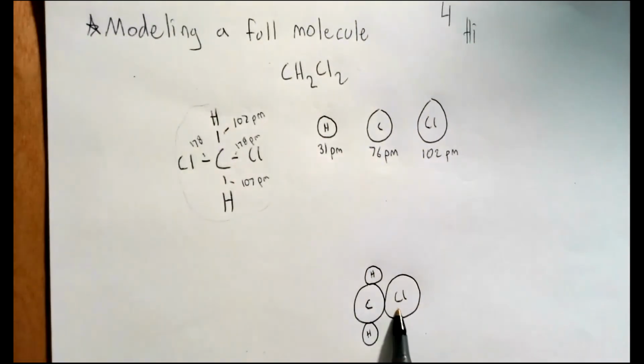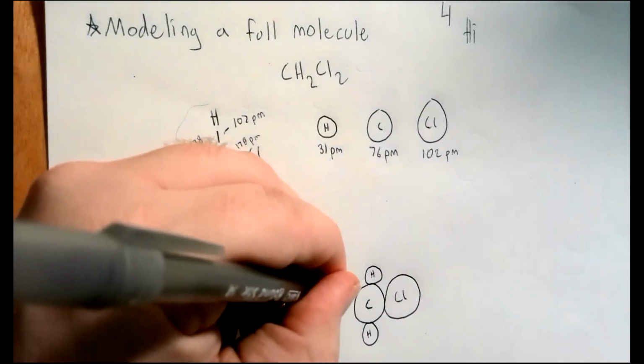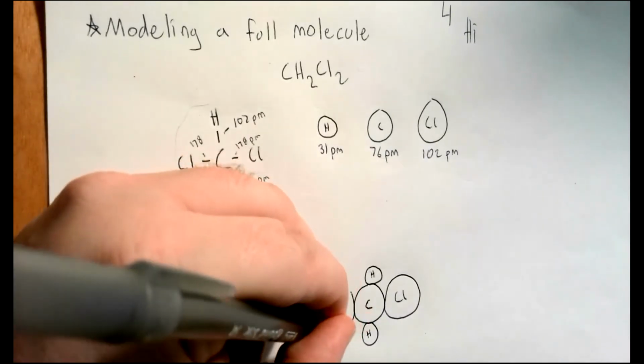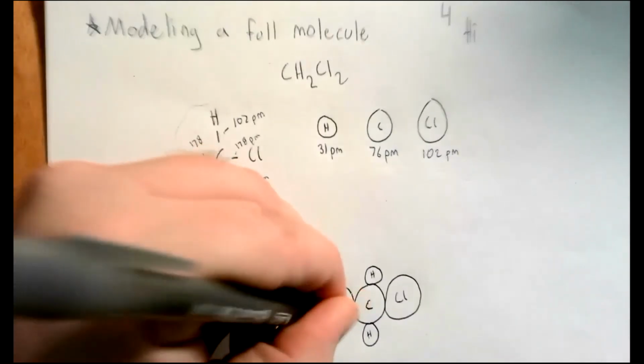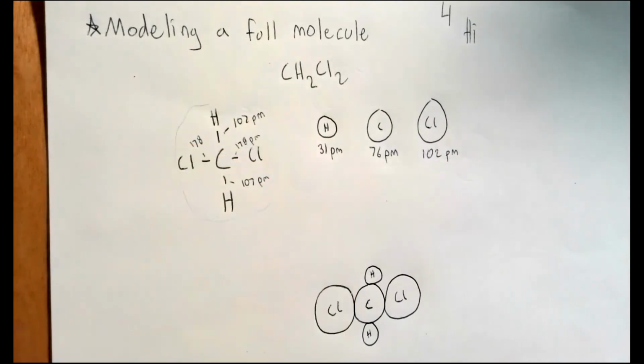And I'll admit, I didn't do a great job of making the chlorine much larger than the carbon, but I think I would still say it is clearly larger. So we'll see if I can do a little bit better of a job at emphasizing the size difference there. I think you might say that that is a little bit larger.